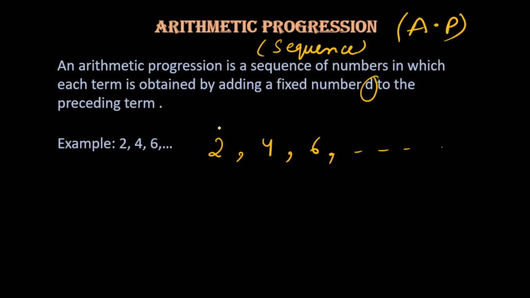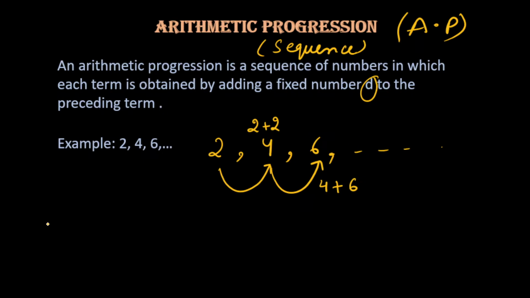Here, if you go from one term to another, you can see previous term plus 2 we are doing. As we are going from 2 to 4, 2 plus 2 we have done. Going from 4 to 6, we have done 4 plus 2. So one common number we are adding in each and every term.